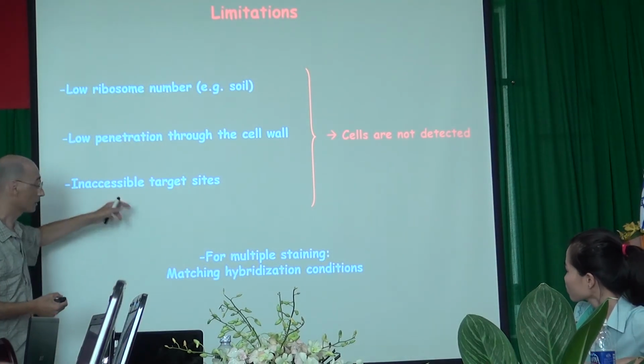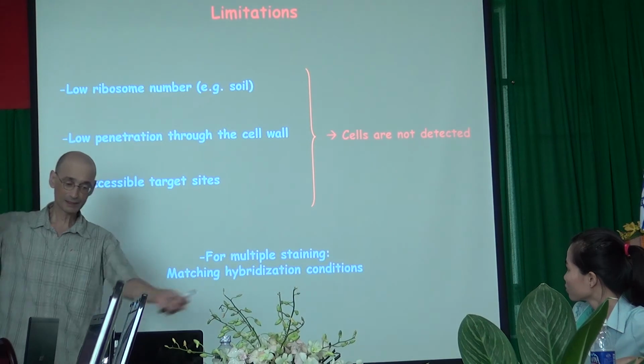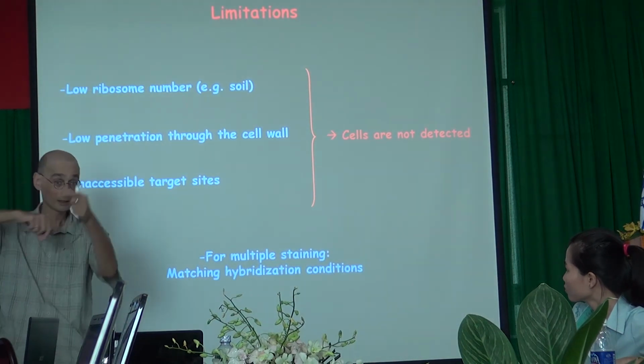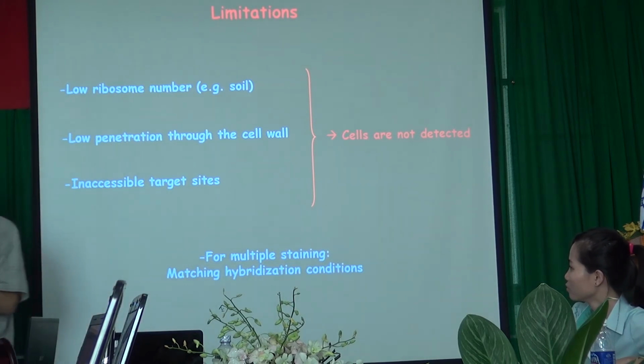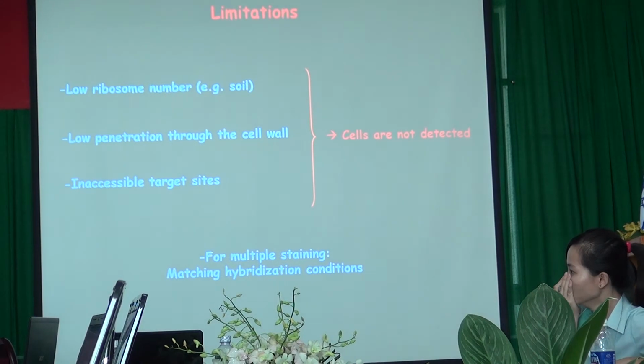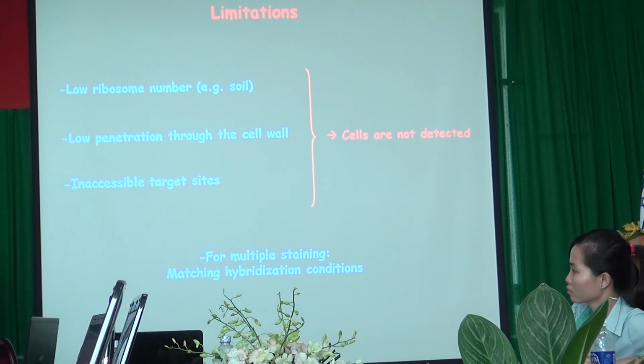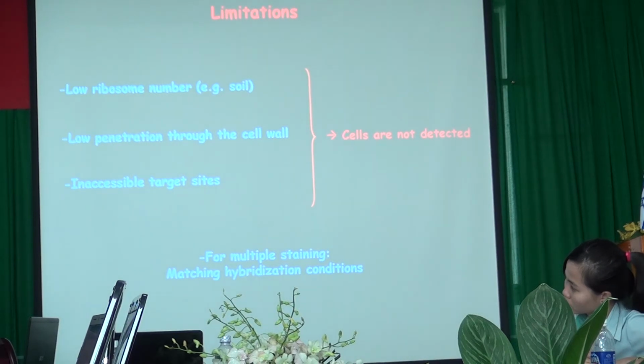And third, you might have sometimes the way the 16S is folded in the ribosome, that the site you have chosen for the hybridization, because you're choosing a site on the sequence, so it's A, T, T, C, you're seeing only letters, right? You're seeing the stretch, but in reality, the 16S ribosomal RNA is folded. So if you, by bad luck, have chosen a site which is really completely folded and internal, the probe may have difficulty to reach it.